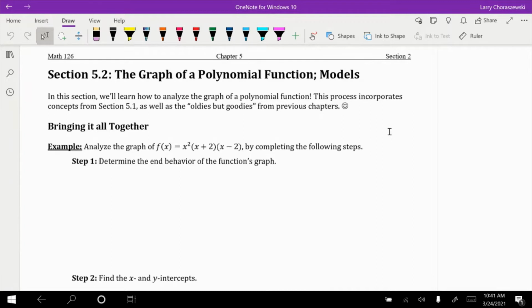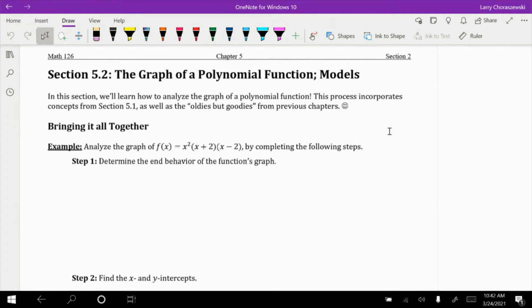But what's really cool about it is that we really fuse together everything up to this point, all of the stuff from section 5.1, in addition to some of the things from chapter 3, like increasing, decreasing, maximums and minimums, domain and range. So we're throwing everything we got when we analyze the graph of a polynomial function.